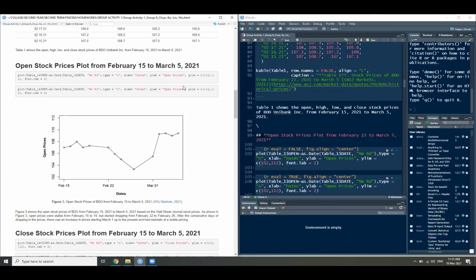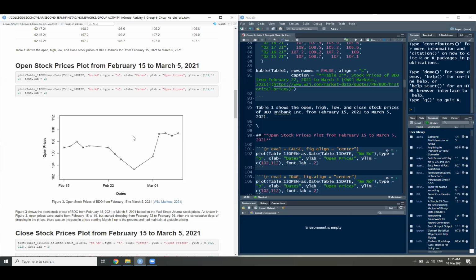And the xlab and ylab is the X-axis and Y-axis title, which is the dates and the open prices. And yung ylim is yung sa Y-axis kung ano yung minimum amount and maximum amount. So, ginawa namin is yung isa, the eval is false and the other is true.